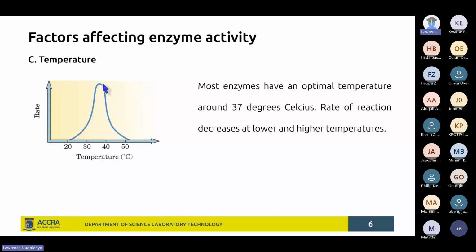I mean, this explains why a fever that results in increase in body temperature can be serious, because what it means is that the proteins in the body, not only enzymes, but proteins or maybe even things like hemoglobin in red blood cells, will begin to break down with high temperatures.